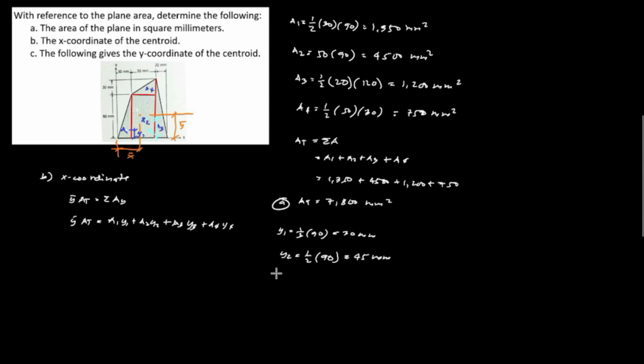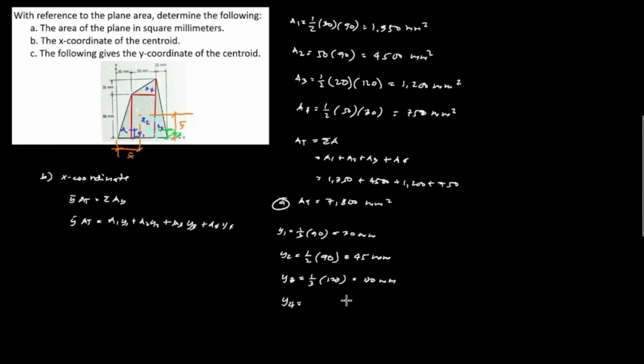Next, we will find the distance y sub 3, which is for the triangle, 1/3 of the height of the triangle, and that's 120 millimeters. So 120 over 3 or 40 millimeter.